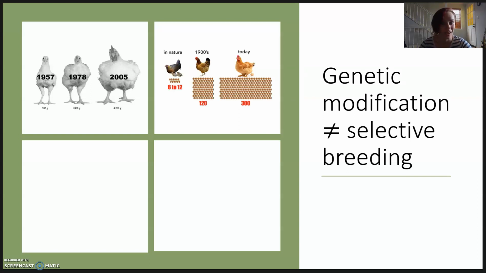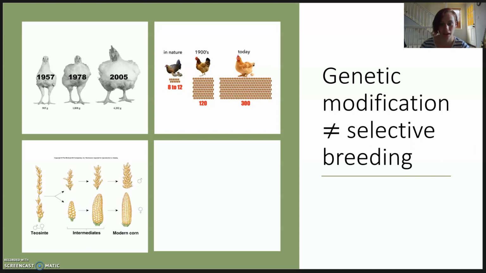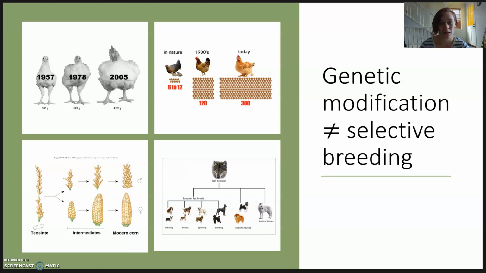Apparently, I can't confirm that hens these days are able to produce more eggs compared to many years ago. Modern corn also has a very different look to it than what it initially started out as. So we're talking about taking mutant varieties, or mutations can be beneficial and changing the phenotype and therefore only breeding those.